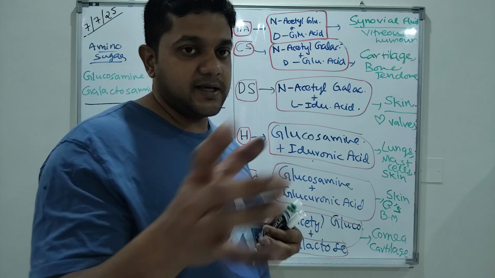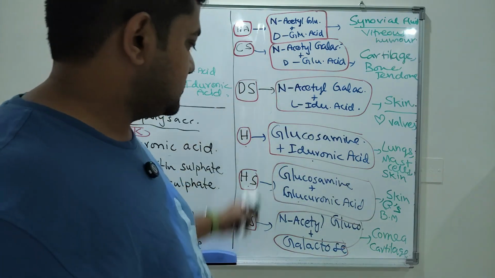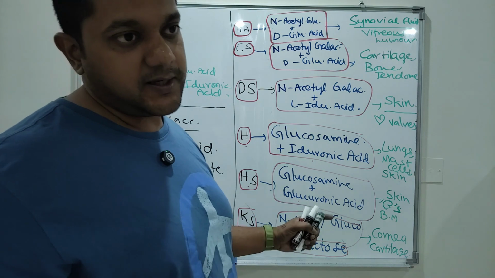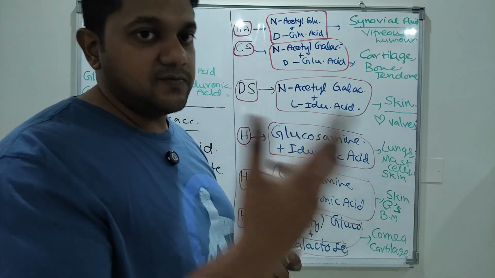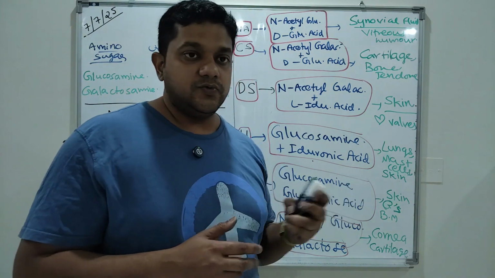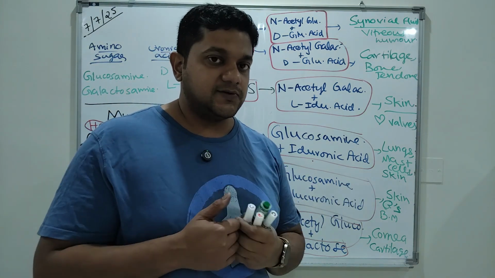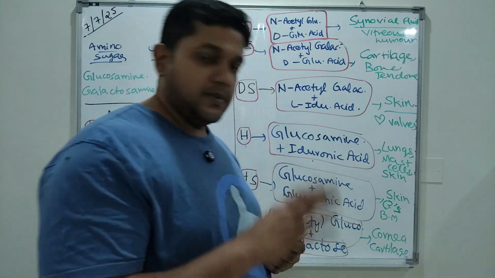I'll share that diagram in your group. So the main things are these. You should learn the list of mucopolysaccharides and 2 or 3 mucopolysaccharidoses, which I'll share in the group. Hope this was useful. We'll meet in the next class, which is the first class on carbohydrate metabolism. Okay. Thank you.